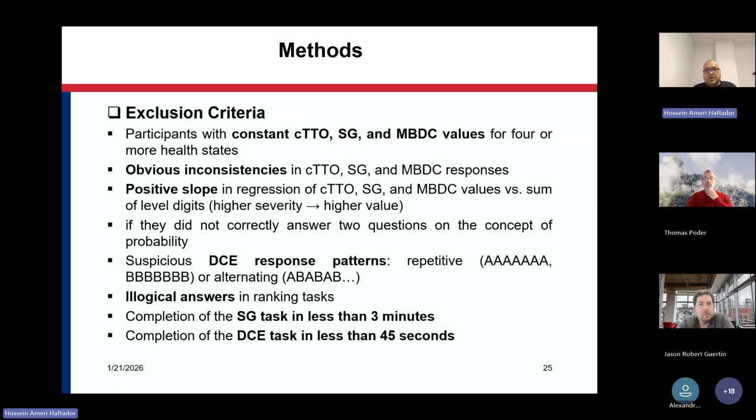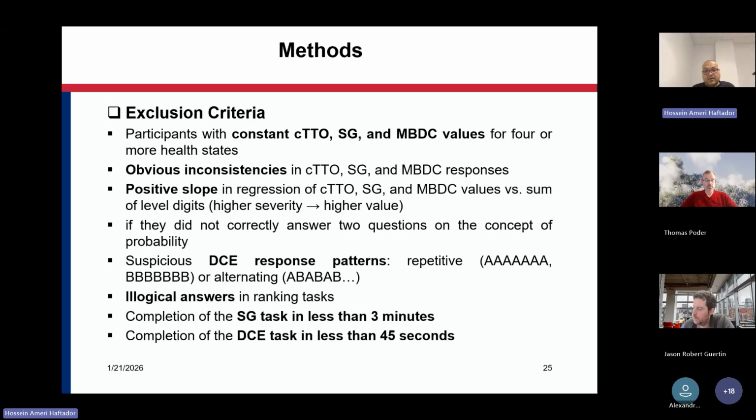participants if they had constant TTO, standard gamble, and multiple bounded dichotomous values for 4 or more health states, had obvious inconsistency in responses for TTO, standard gamble, and multiple bounded dichotomous, or had a positive slope.